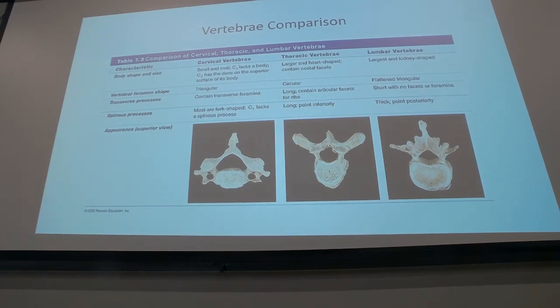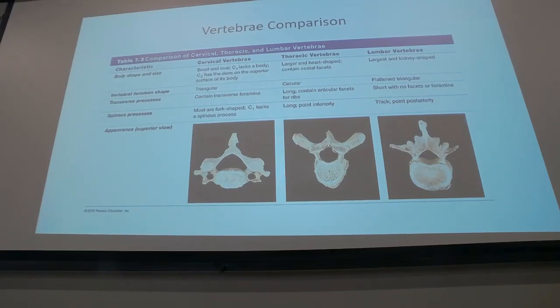Now, within the cervical area, we have two vertebrae, the atlas and the axis, that are very specific to this area, and they have these specific names. Atlas is the only vertebrae without a body. And the axis has a pointed projection that is called the odontoid process, or the dens.